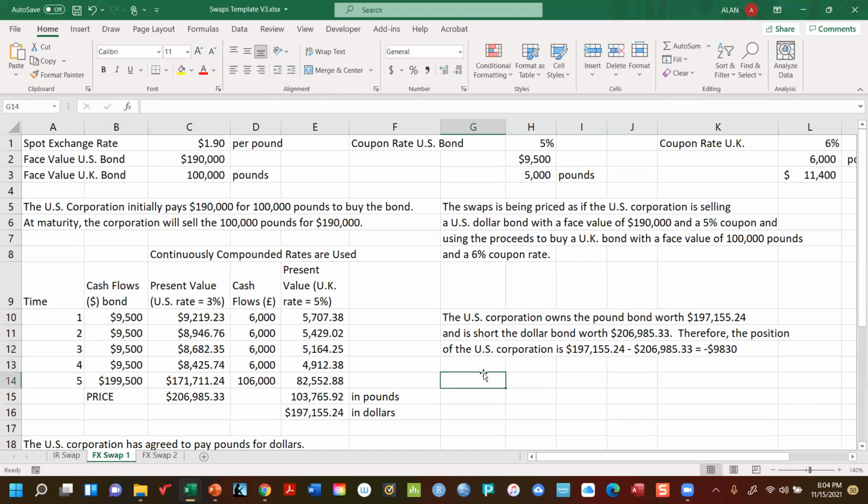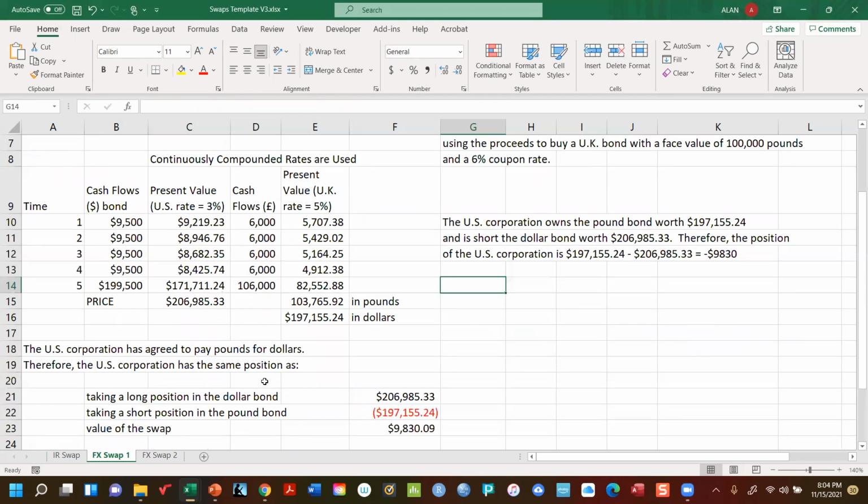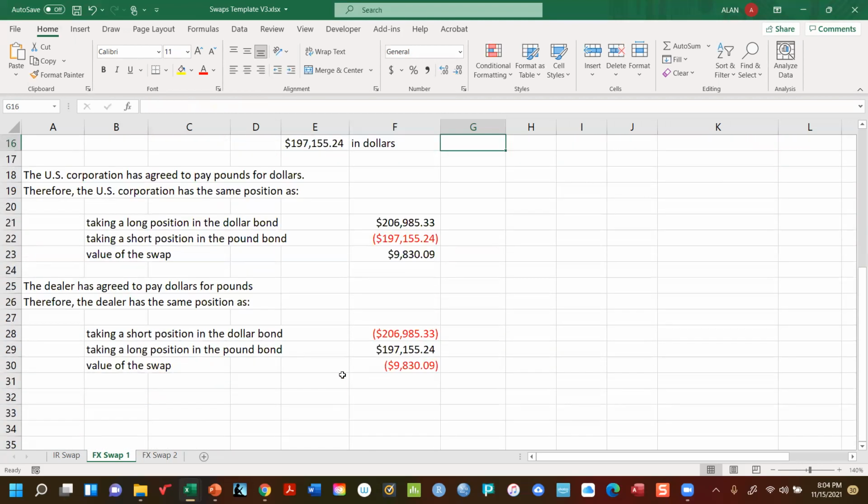So if that's the case, the swap is worth that much money. So that means the dealer's position is worth positive $98.30. Okay.